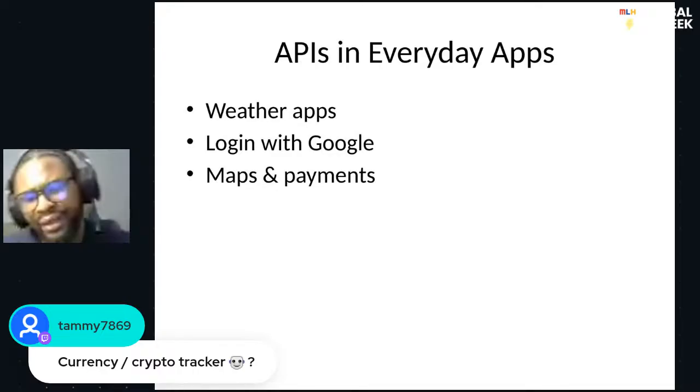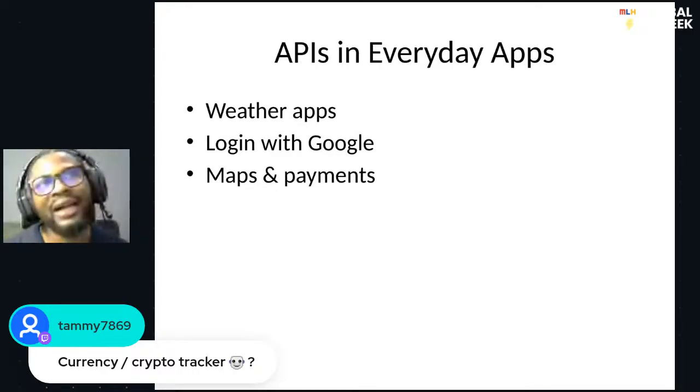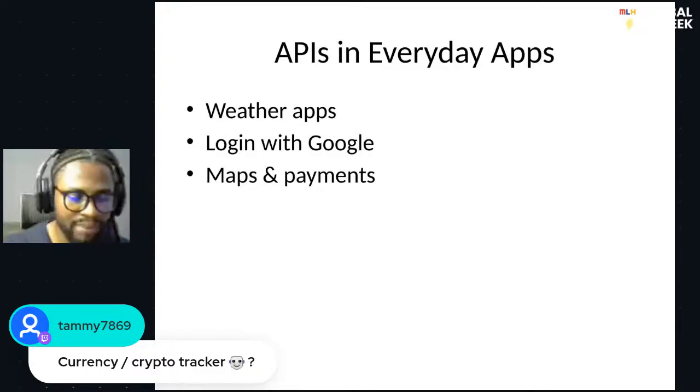I think I've built something around this before. It was literally a Twitter bot that was keeping track of Pi coin, the Pi network coin. I built that with Node.js.